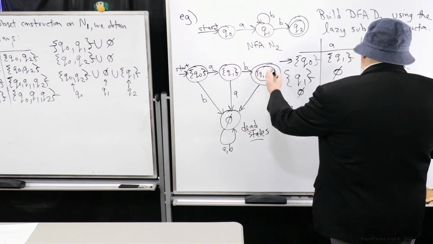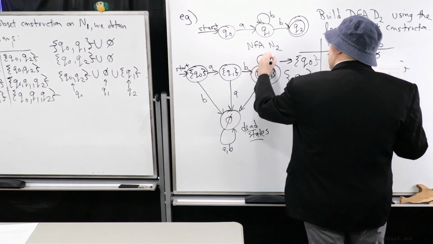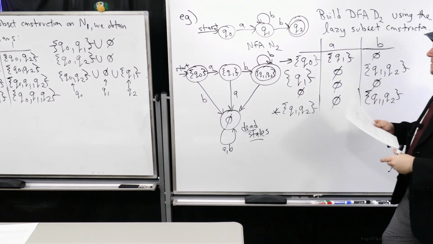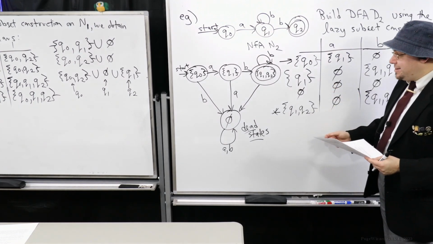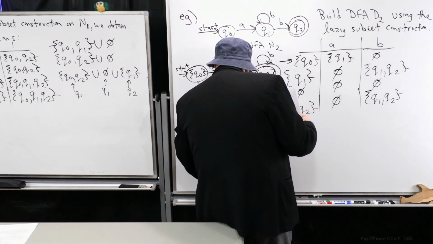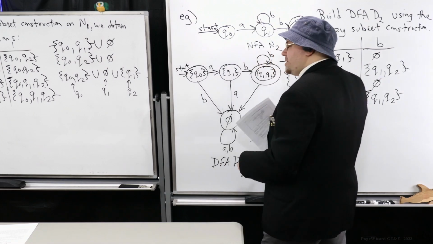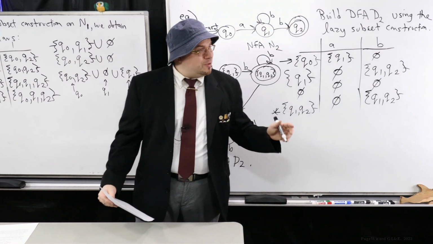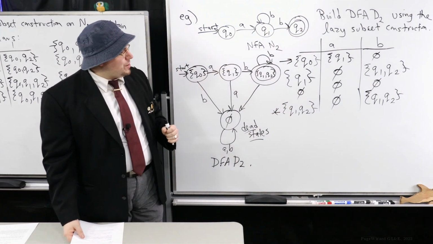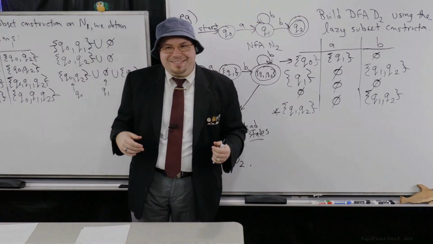So lastly, we got one last guy right here on a B. There you go. So there's the resulting transition diagram for DFA D2. So I thought it'd be a good idea. We've seen a couple of examples of applying the lazy subset construction. Pretty nifty, right? So that's the subset construction.